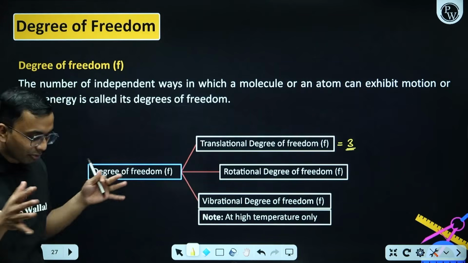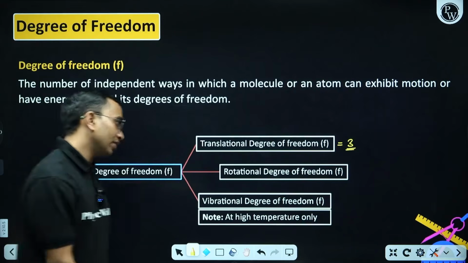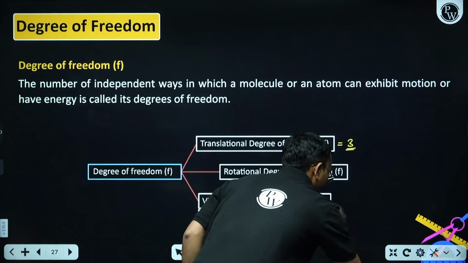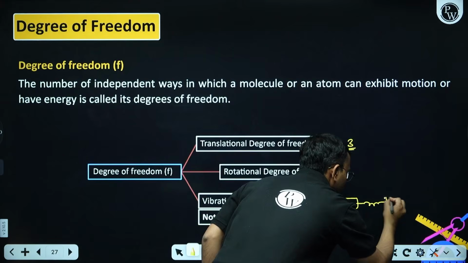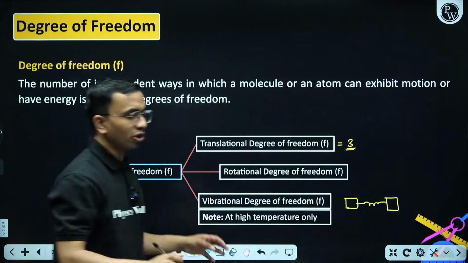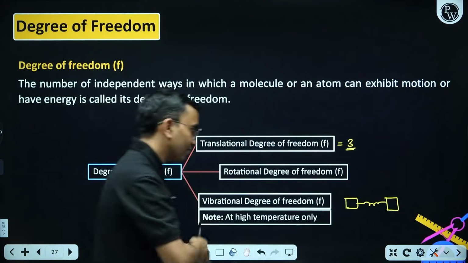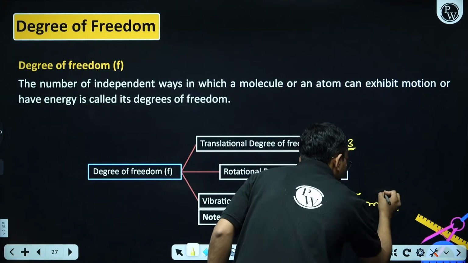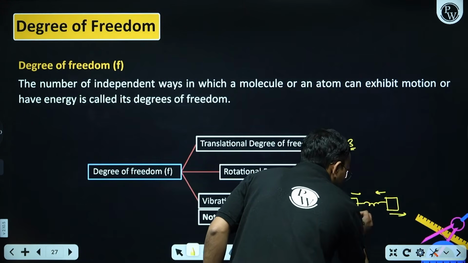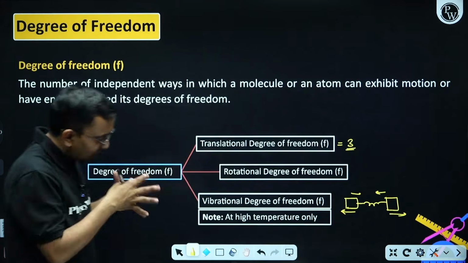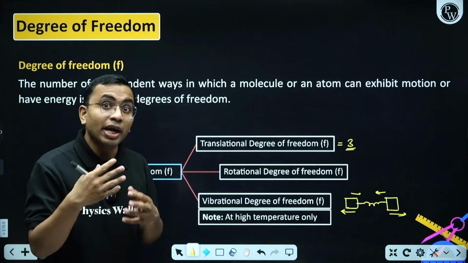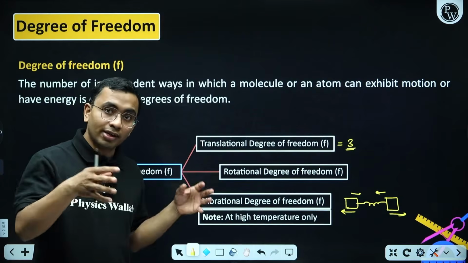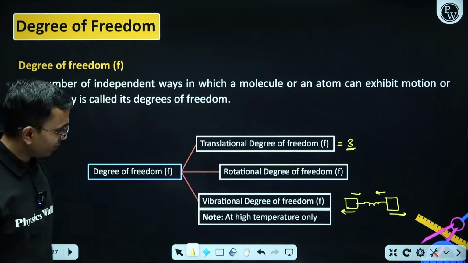Now when vibration is happening, like this is a molecule, it is vibrating like this. So it is moving like this and this, so that is the vibration. So when vibration is happening, then there will be kinetic energy also, there will be potential energy also of a molecule. We will talk about that in a while.